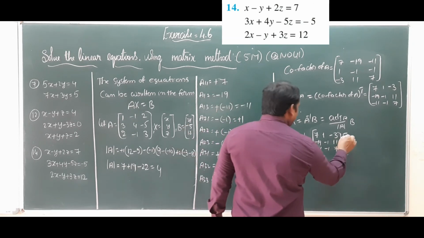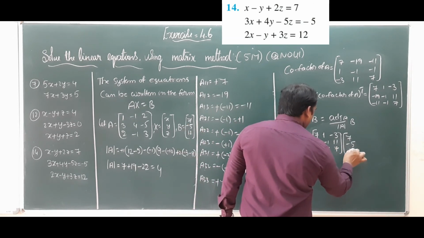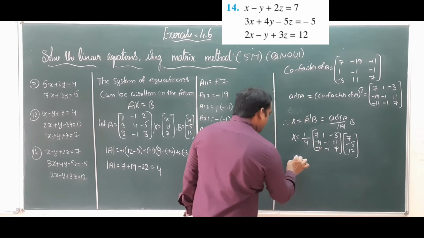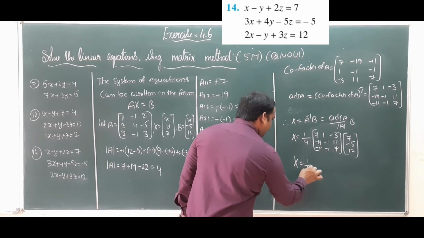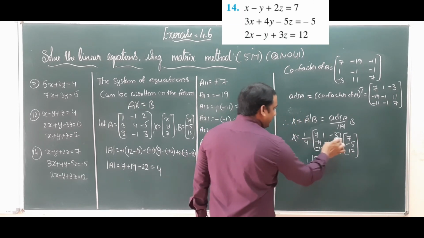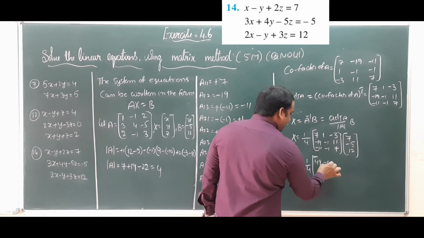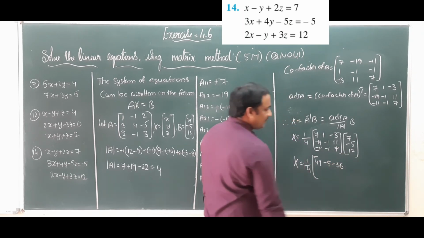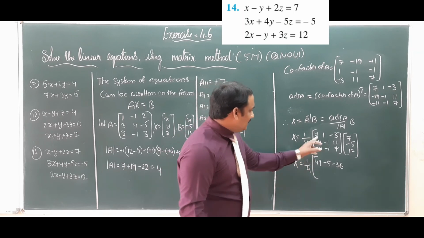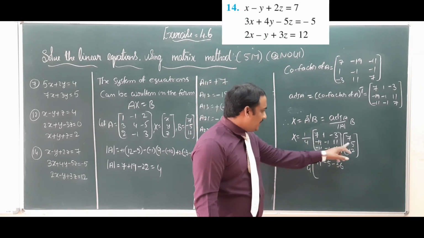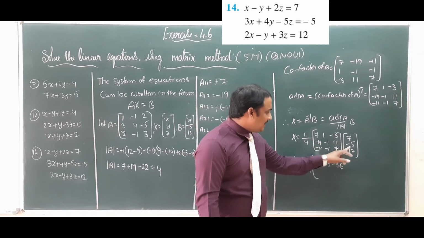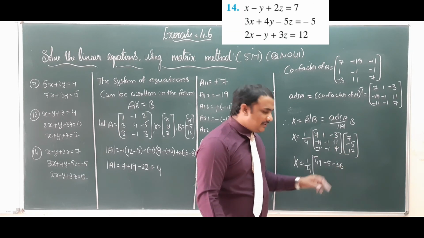Here 7 minus 5, 12. Now x equals 1 by 4. First row first column: I multiplied 7 into 7, 49; 1 into minus 5, minus 5; minus 3 into 12, minus 36.